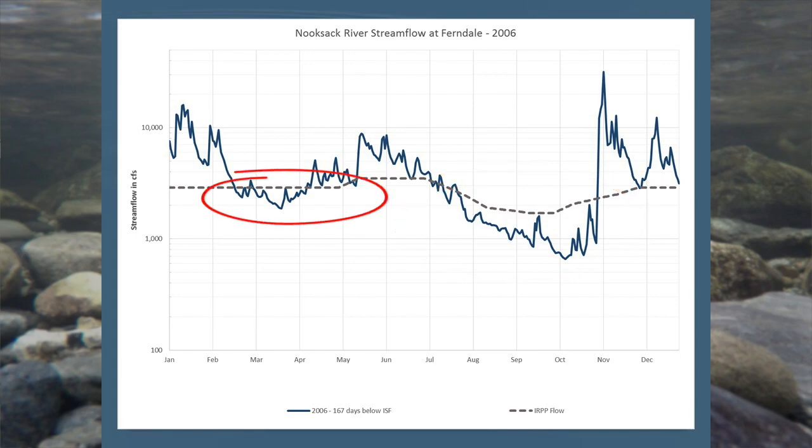You can see there's a few here in the late winter, early spring, but most of them fall in that predictable, low flow period. And 167 days, if you think about it, when the flows are essentially established based on a 50% exceedance flow, it's not that surprising that you'd have 167 days that fall below the in-stream flow in a given year. 2006 was pretty average.